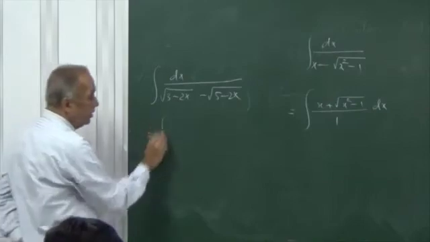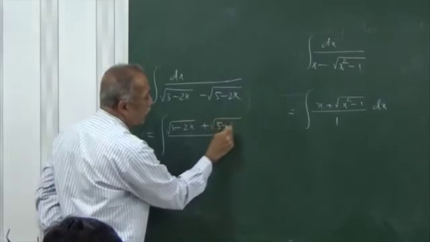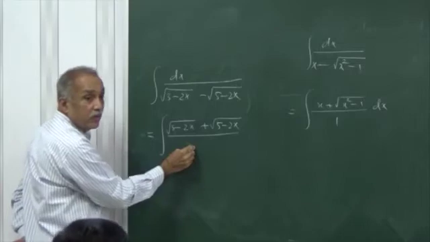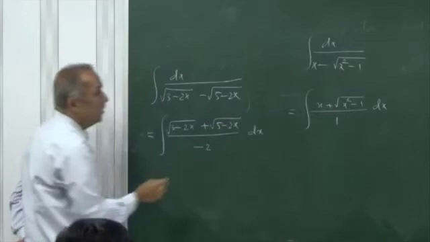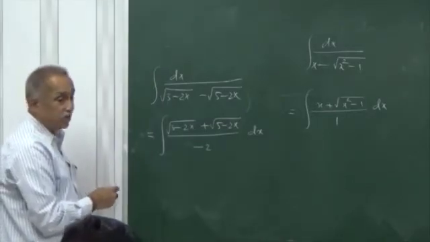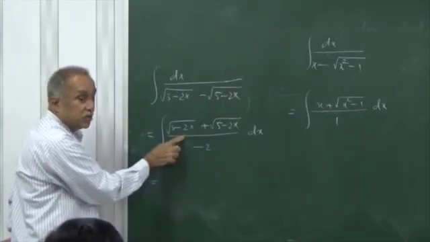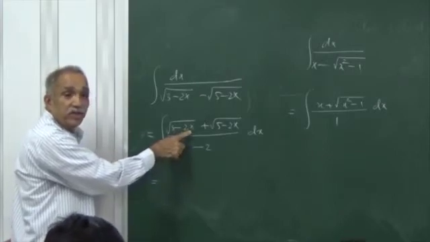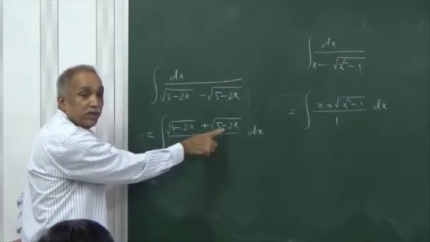Rationalize the denominator. Right? Yes. Is each of the terms in numerator immediately integrable? Yes. 3 minus 2x whole to the power half, a function of the form x to the power n with x replaced by linear. Again a function of the same form with x replaced by another linear.